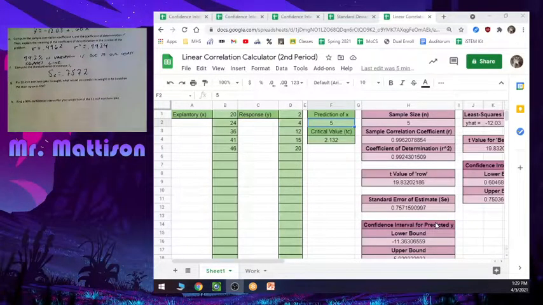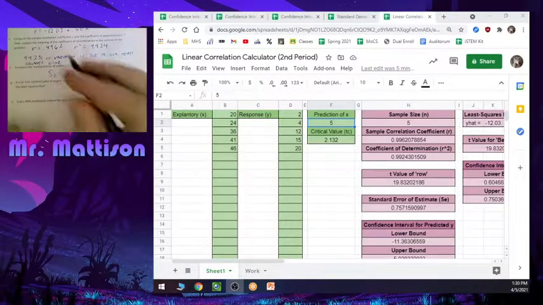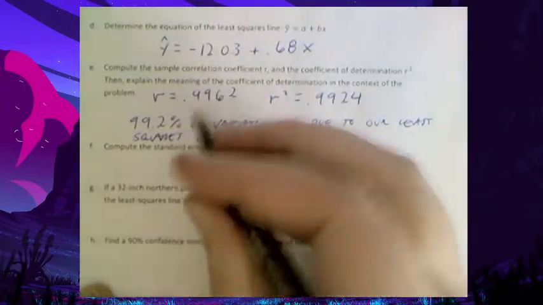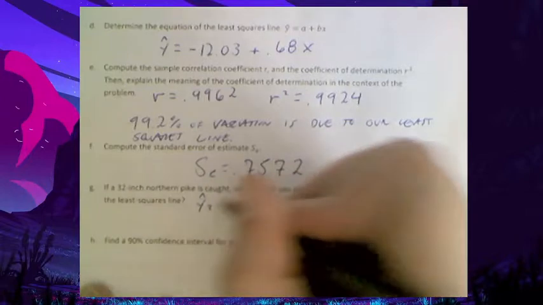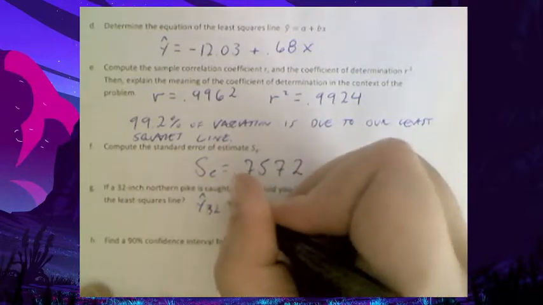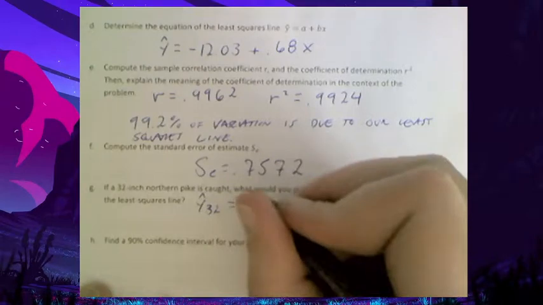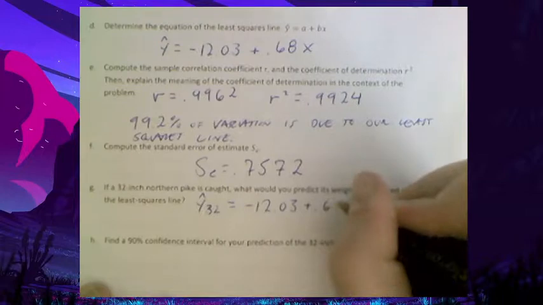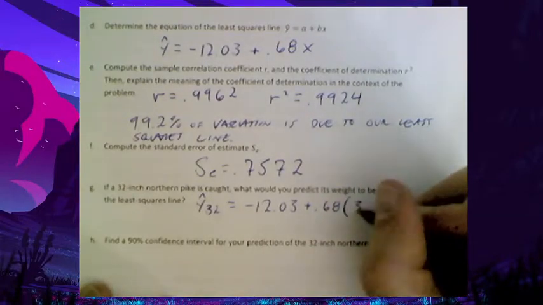Now, for G, if a 32-inch northern pike is caught, what would we predict its weight is based off of our least squares line, right? So if I were to just plug that in, let me go back over to this. Let's plug it into this. My y hat sub 32, that's a 32-incher, equals negative 12.03 plus 0.68 times 32.